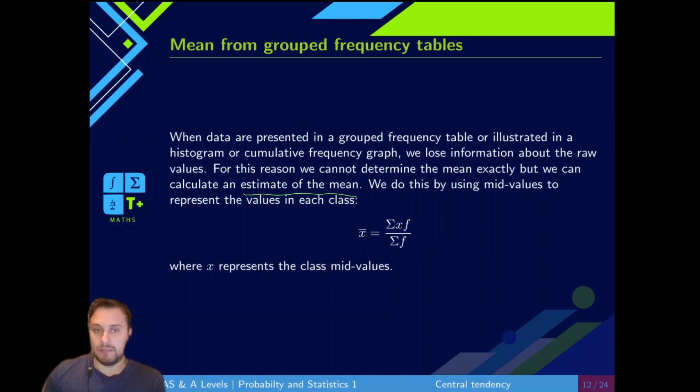If we have data in classes, we're going to be using the mid values. And remember the importance of rounding here. As usual, go to the video on histograms if you don't remember what I'm talking about when rounding. It's something that may occur in these cases. And again, it's the very same formula that we were working with earlier. It's just that we are using the mid values for the value of x.